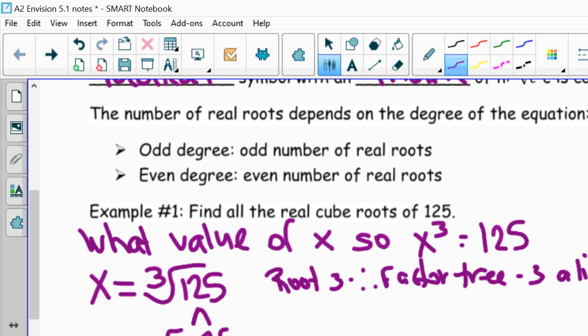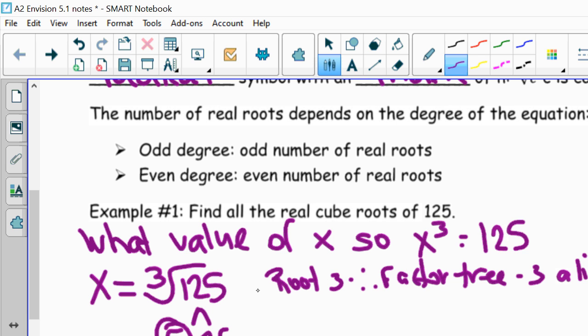Whatever your index is, that's how many make up your buddies that are going to come out. Since I'm doing the cubed root, I need 3 numbers, all the same, in order to come out. 3 5s, nothing left behind. So here x is equal to 5. So the cubed root of 125 is equal to 5.